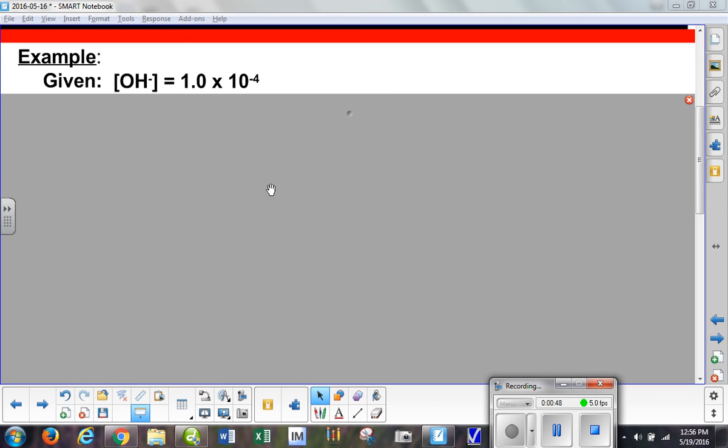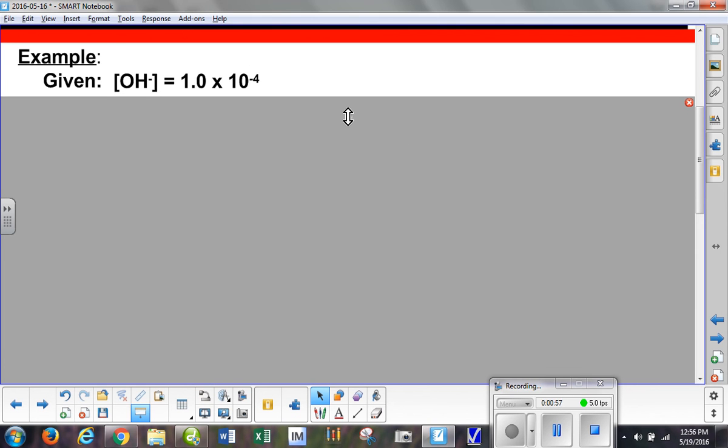So basically what happens is you're given the hydroxide ion concentration or the hydrogen ion concentration. Whichever one you're given, you have to find either the pOH, as in this problem, or the pH if you're given hydrogen ion concentrations. So let's see how it works.